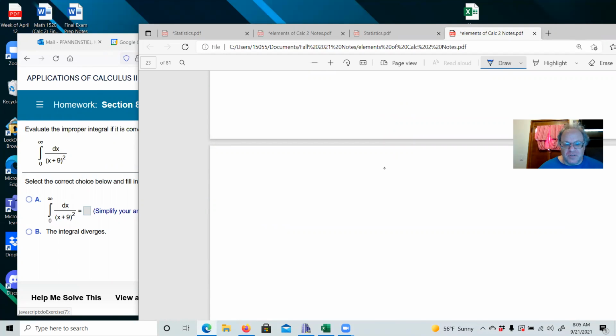Okay, so if we have the integral from 0 to infinity of dx over (x plus 9) squared, we're going to do two things. We're going to use a u substitution here, because that looks a little scary. And then we have to deal with this, because it's an improper integral. So pick your favorite letter.